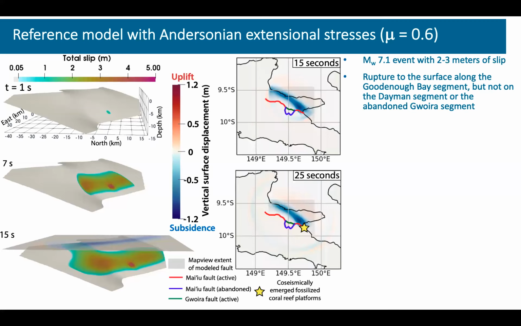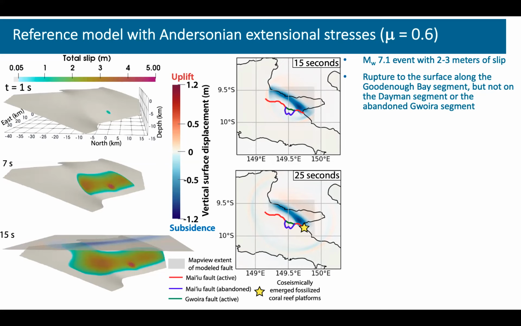We can see what that looks like in terms of surface displacements. So here we're looking at the vertical surface displacement resulting from the slip pattern shown on the left. Subsidence in blue and uplift in red. You can see that there are these wave-mediated patterns out here on the edges. Those are the displacements related to the waves that are passing by. And what they're leaving behind is the static displacement pattern shown in the dark blue smudge here.